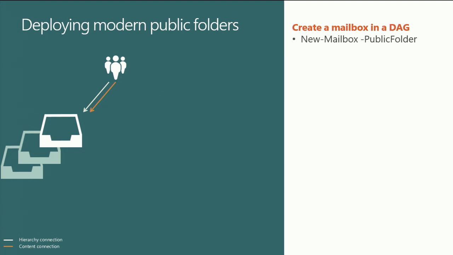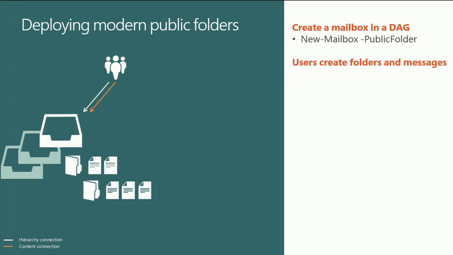There's a white arrow, which indicates the hierarchy connection, and the orange arrow, which indicates the content connection. And these 2 are different connections, because if you remember, I mentioned that the hierarchy connections always go to the same mailbox for a user. And for content connections, of course, you'll have to go to the mailbox where your content lives.